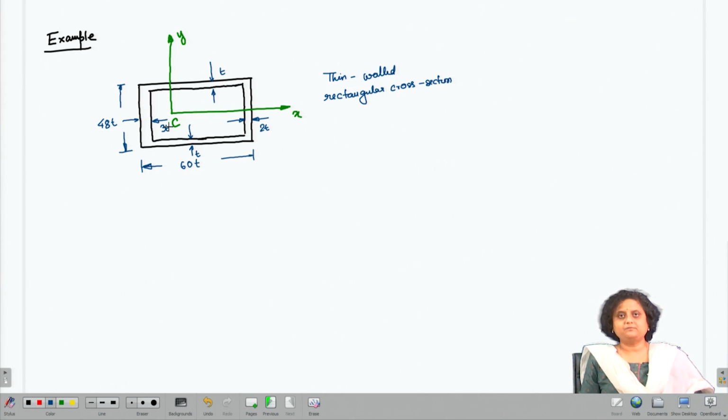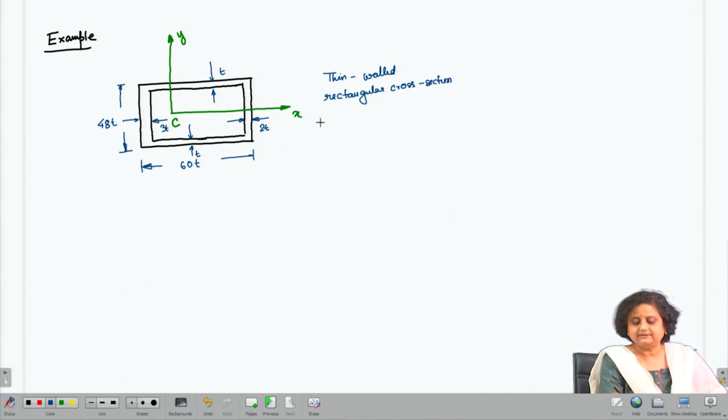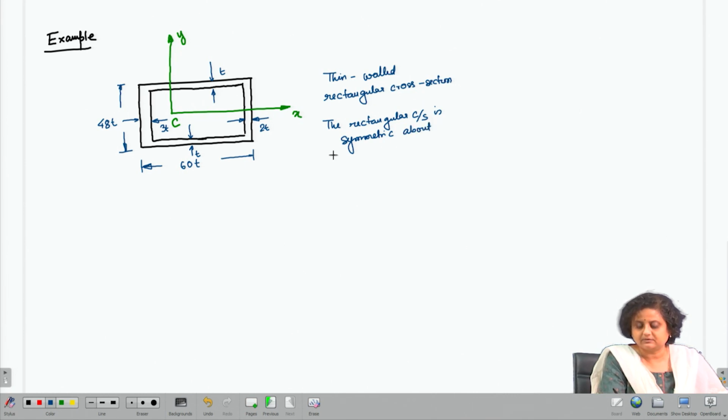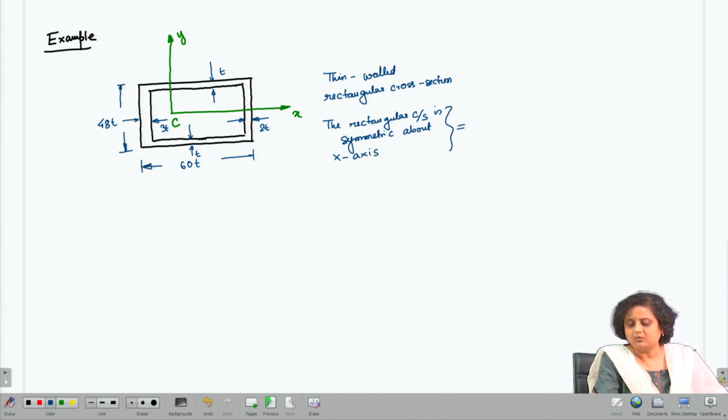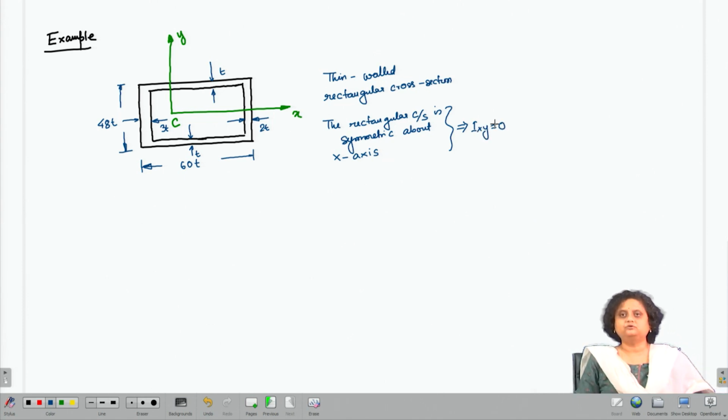Now, we can see from the dimensions that this rectangular cross section is symmetric about the x axis. So, because of this symmetry, we know that I_xy is going to be 0 for this cross section.